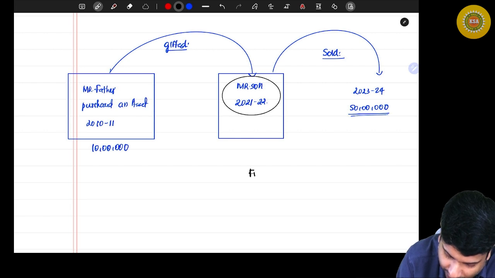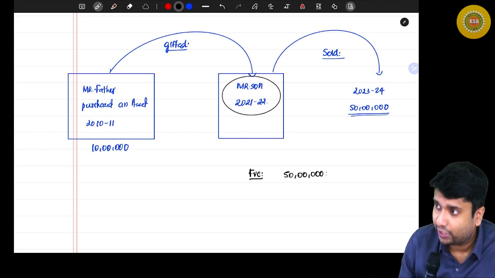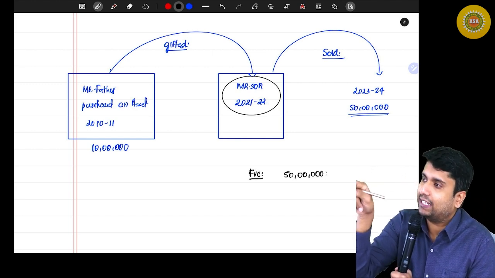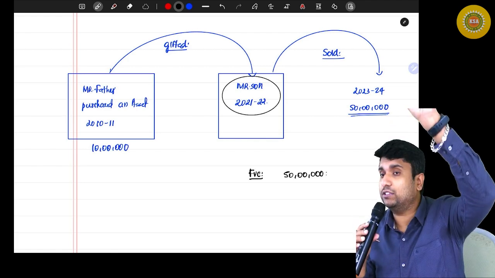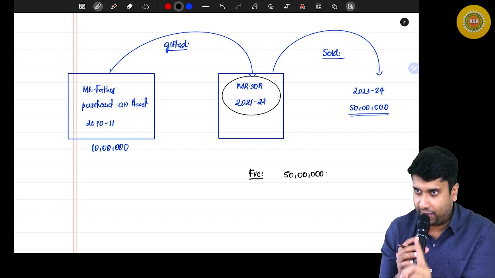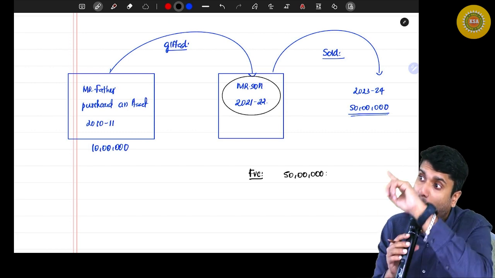So for son, how much will be the full value consideration? 50 lakhs. For son, what will be his cost of acquisition when he sells that particular asset outside? You tell me. In such a scenario, you can take the cost of acquisition of your previous owner.